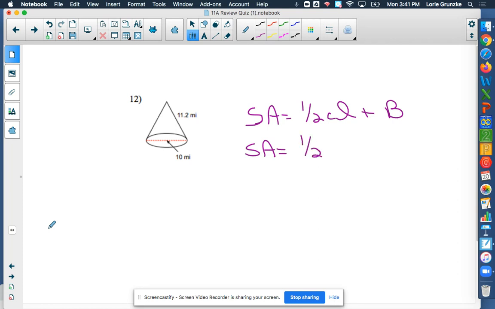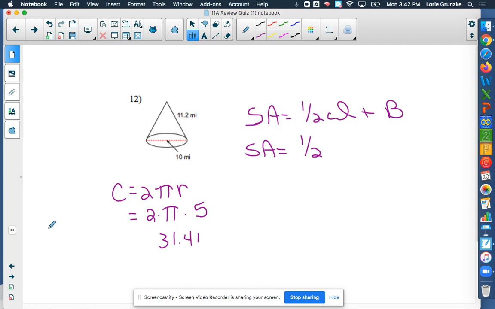C stands for circumference of the base. Circumference is 2 pi times radius. 2 pi, radius would be 5.